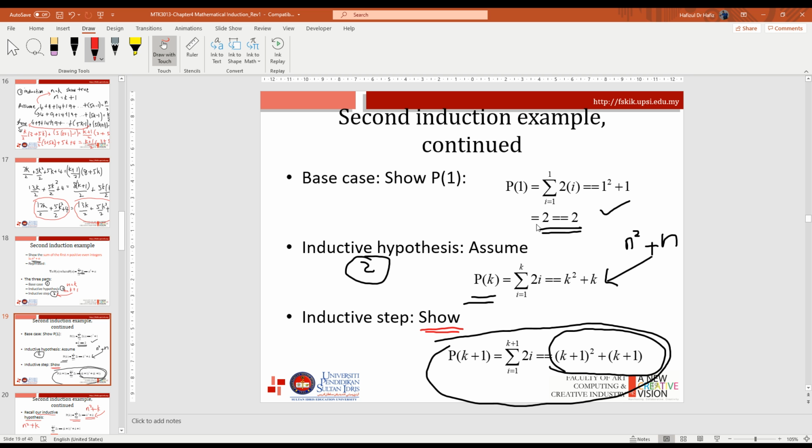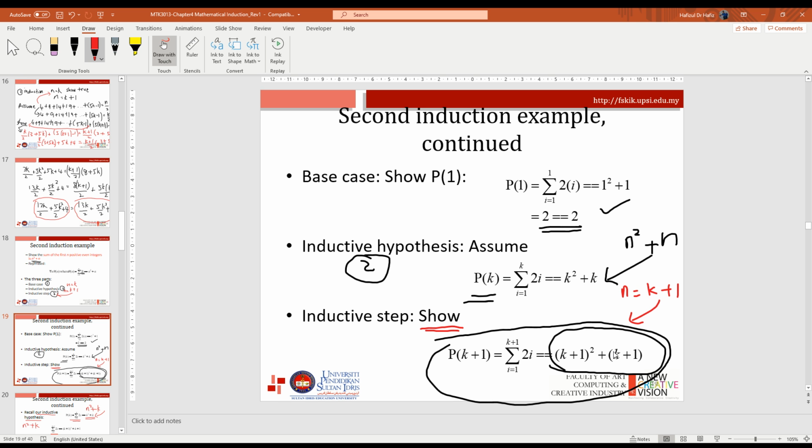So for the case P1, assume n is equivalent to 2. Then for the inductive hypothesis, we assume by replacing n with k, k power 2 plus k, and then we need to show n equivalent to k plus 1. Then P(k plus 1) is the sum of 2i up to k plus 1 equivalent to k plus 1 power 2 plus k plus 1.